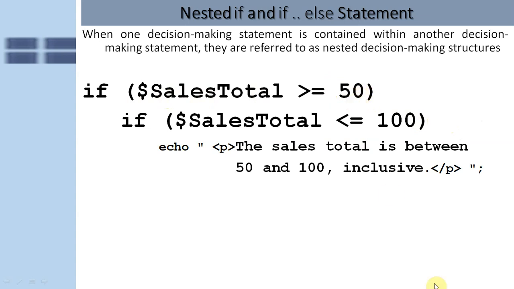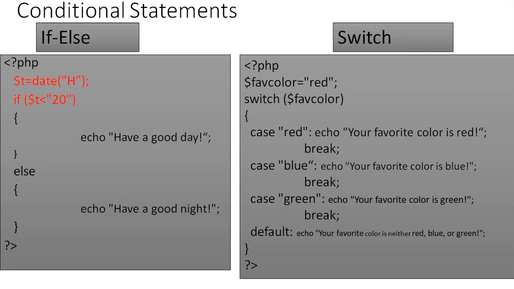In that case the echo message will be displayed: the sales total is between 50 and 100 inclusive, inside the paragraph tag. This is the nested if statement. We can use a simple if statement, an if statement with else, a nested if statement, as well as multiple if statements.